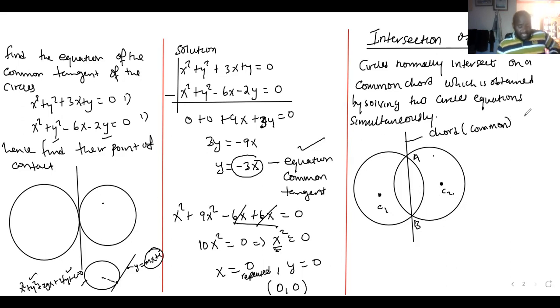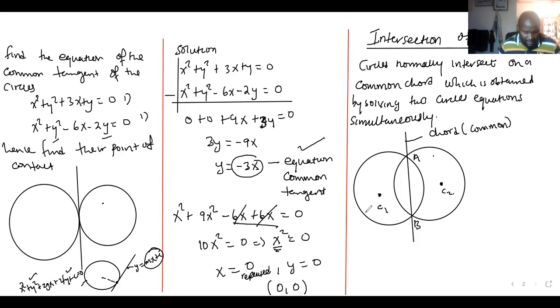Two circles may intersect, but when one of the equations is subtracted from the other, the equation of the line is still obtained. But this line is not a common chord. This line is a locus of points (x, y) which moves such that the lengths of the tangents from P to the circles are equal.